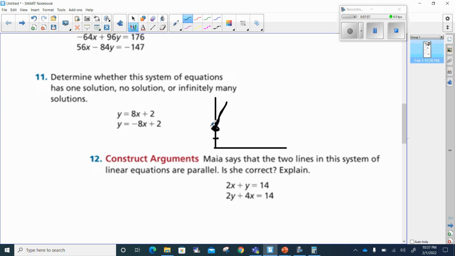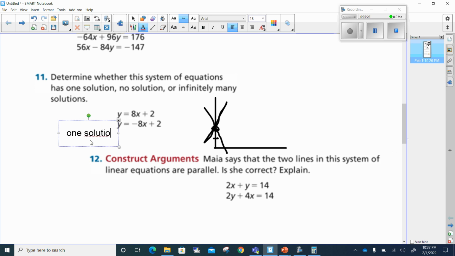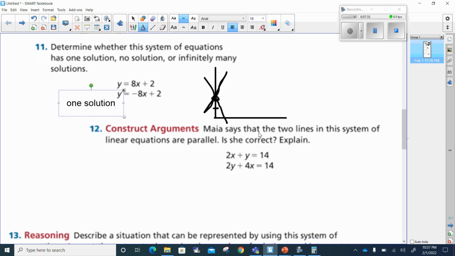And the other one's going to be going down 8 and over 1. And so that's going to give them one solution. So put over here one solution. Okay. And all that said was determine that, so don't need to do anything else.